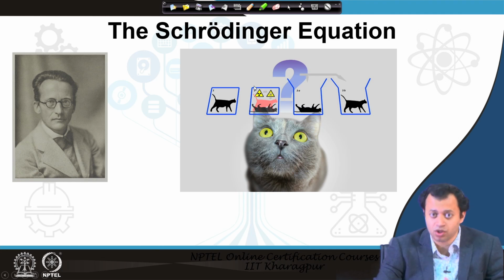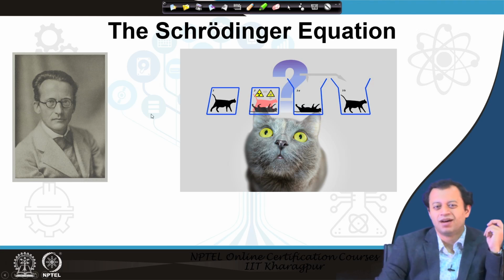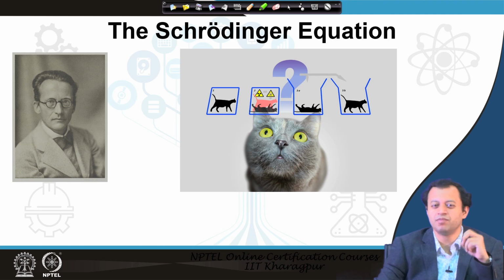So, unless the box is open, the cat is both dead and alive at the same time. It is a thought experiment. He thought it was a ridiculous thought experiment, but actually it became extremely popular in popular culture. You see tattoos and t-shirts of the Schrödinger wave equation.